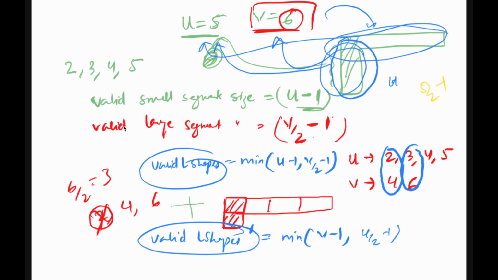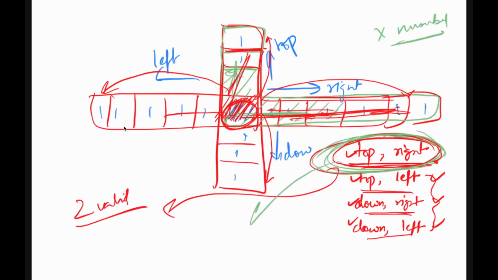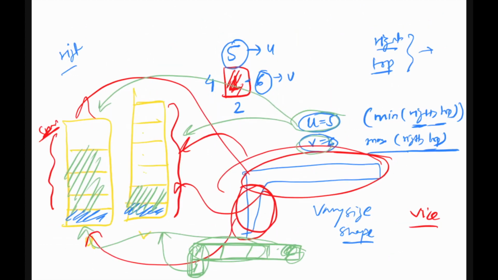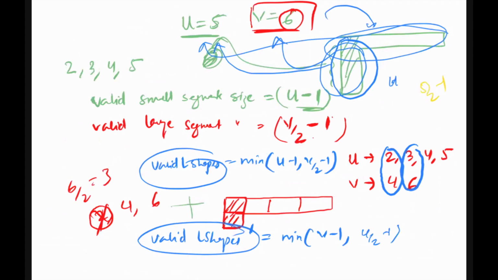Suppose the total answer is something from this plus this plus this plus this, so that would give me the value here, and when we solve for this, this and this respectively, we'll get the answer. So this is how we can calculate the total number of valid L shapes for each of these directions and get the total answer.